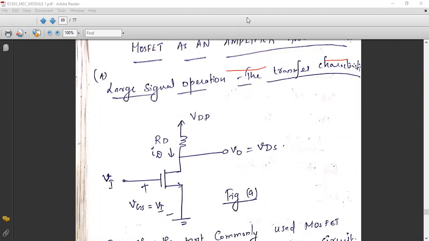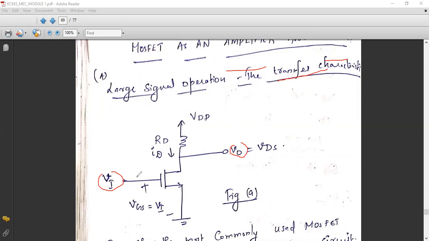Please note down, transfer characteristics is nothing but the plot between input and output, that is Vi and V0. We are trying to graphically derive the transfer characteristics, not a mathematical derivation. Graphically we are going to derive the transfer characteristics, that is a plot between Vi and V0.